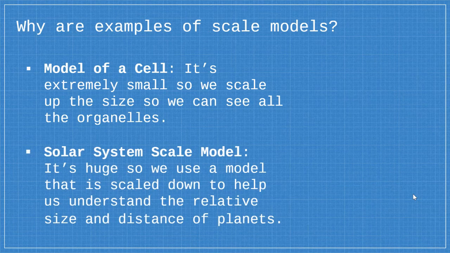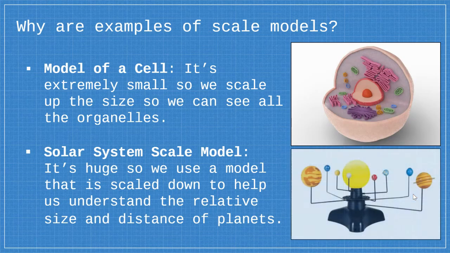But then other times, again, thinking about our solar system, it's so huge that we use a model to scale down and help us understand the sizes and distances of all the different parts. So again, we use it for very small objects like cells, as well as really huge objects like our solar system, okay?